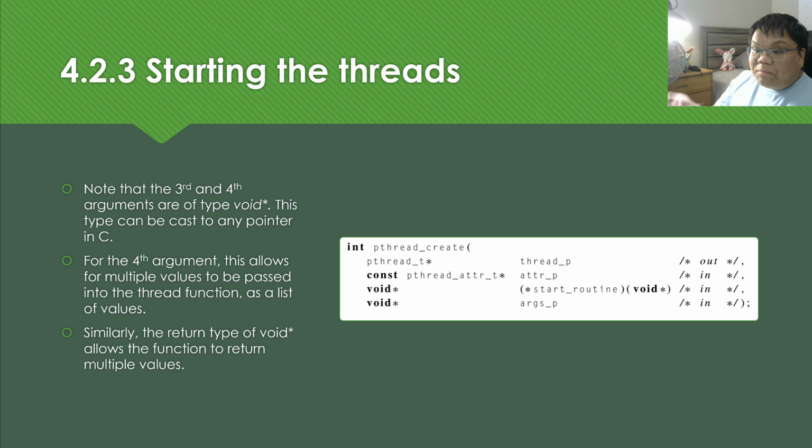That type can be cast to any pointer in C. For the fourth argument, that allows for multiple values to be passed into the thread function as a list of values. Similarly, the return type of void star allows the function to return multiple values. So that's what's going on with the void star. That is the data type used for both the function to be called by the threads and anything being passed into that function.